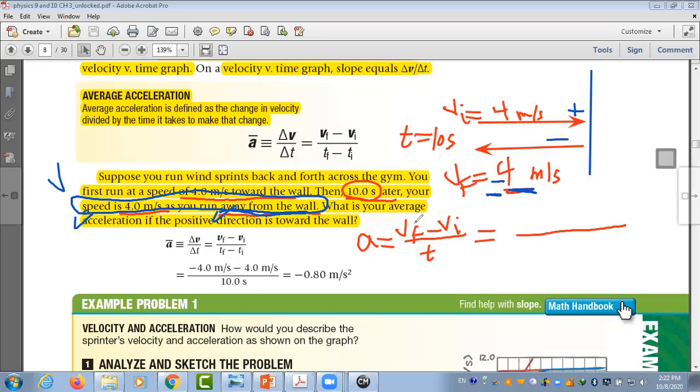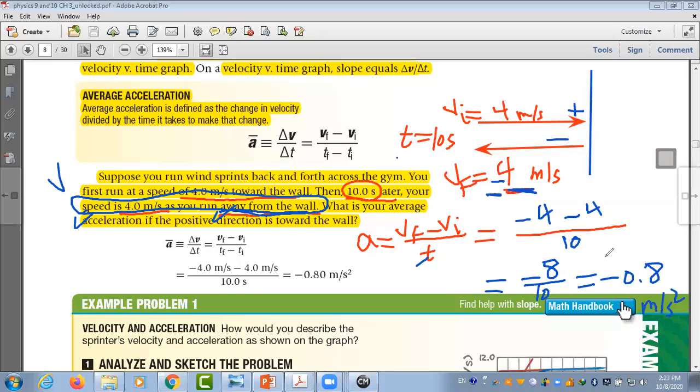So when we replace Vf with minus 4, the law says minus, and what is Vi? Vi is 4. And the time is 10. Minus 4 minus 4 equals minus 8 over 10, which equals minus 0.8 meters per second squared.